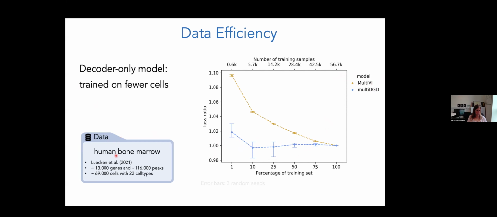This is a bone marrow data set with 13,000 genes expressed and 116,000 ATAC peaks from 70,000 cells with about 22 coarse-grained cell types. The performance of our method stays closer; this is trained on the full data set, and you can see here that the benefit of multi-DGD is that it keeps that performance even on smaller fractions of data. So you can train it more sensitively and faster without loss of performance.